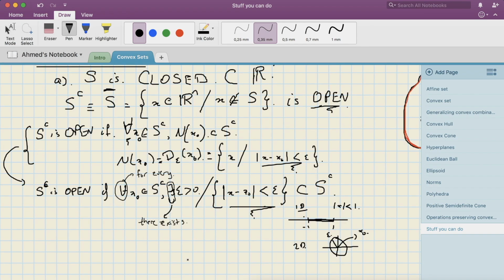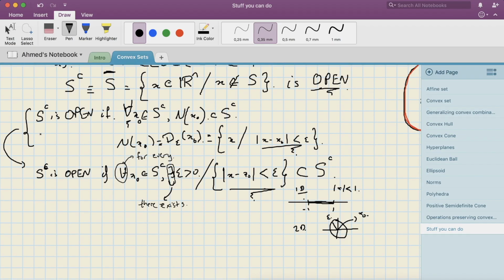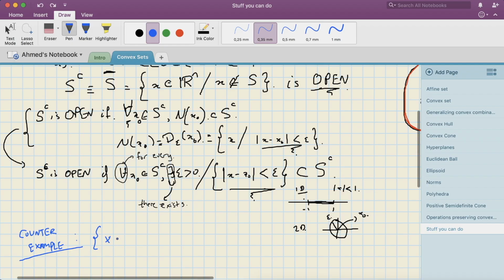So yeah, if a set is open, then its complement is closed. And as we said, it is possible for a set to be neither open nor closed. You can take a simple counterexample: the set of x in R such that x is between 0 and 1, excluding 0 and including 1.